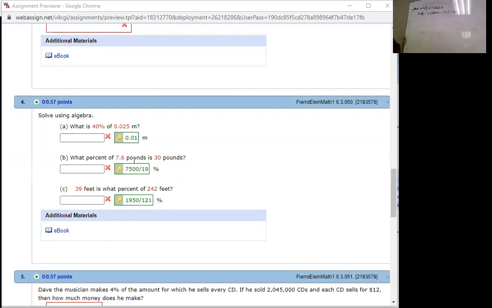So in this case, 0.01, and the M is already there for you. Okay. So that right there represents part A. So you just take off the rest of the numbers.